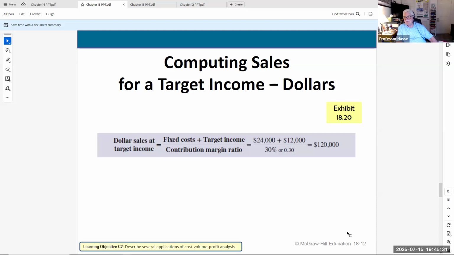Well, what does it take to satisfy my investors' happiness and profit? Well, in this example, if we make $12,000, our investors will be happy. They'll get their dividend. We'll pay off some of the loans. We'll pay back interest. Everybody will be happy. All right, what do we have to do to achieve that? Well, we got to sell $120,000.